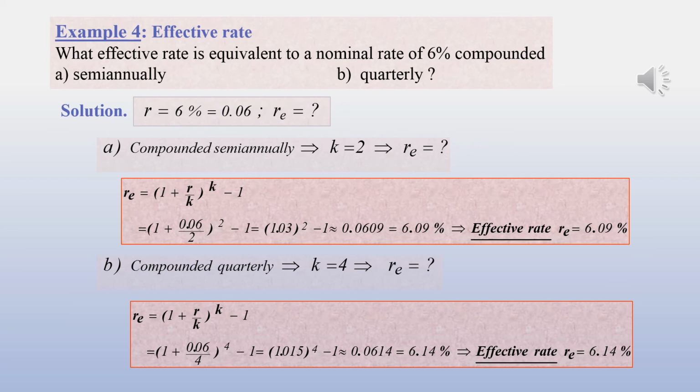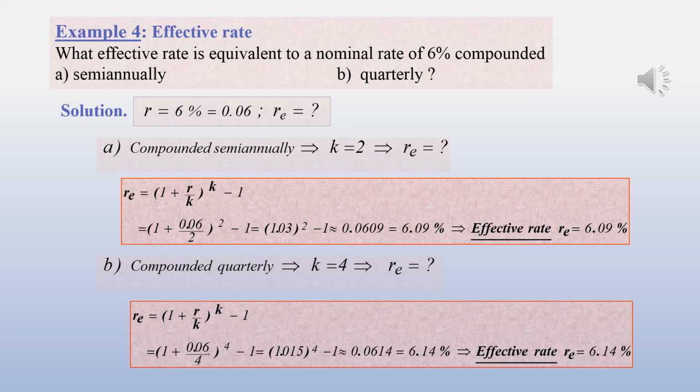So we have Re is about 0.0614, which is equal to 6.14%. So the effective rate that is equivalent to a nominal rate of 6% compounded quarterly is equal to 6.14%.